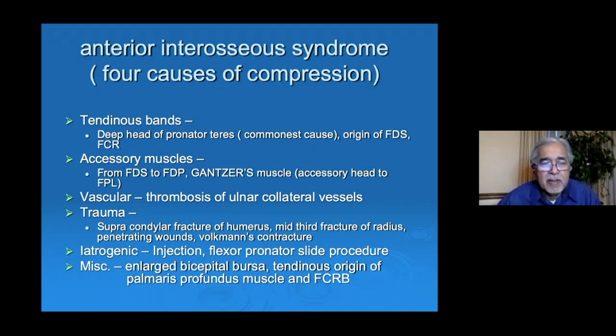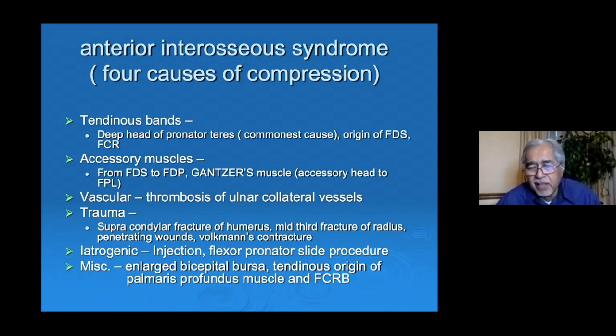Vascular compromise is possible, thrombosis of the ulnar collateral vessels, trauma, supracondylar fracture of the humerus, mid-third fracture of the radius, penetrating wounds, and sometimes even Volkmann's contracture can cause the anterior interosseous syndrome. But Volkmann's contracture is clinically very identifiable. Iatrogenic injection, flexor pronator slide operation.